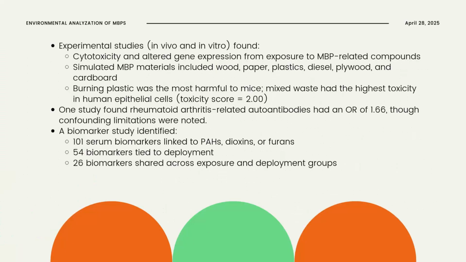And then we have experimental studies. In vivo in animals and in vitro with human cells, they examine cytotoxicity and altered gene expression. With gene expression, the results are generally very dense, so I limited it to a summary. Burning plastic was found to be the most harmful to mice. And one study linked rheumatoid arthritis-related antibodies with an adjusted OR of 1.66.